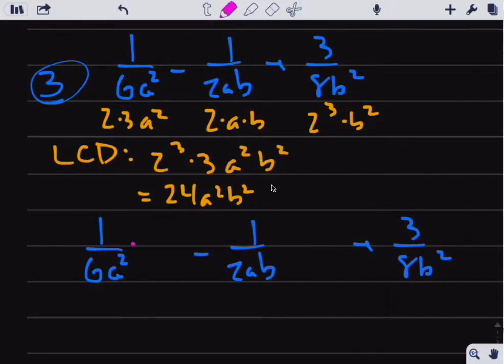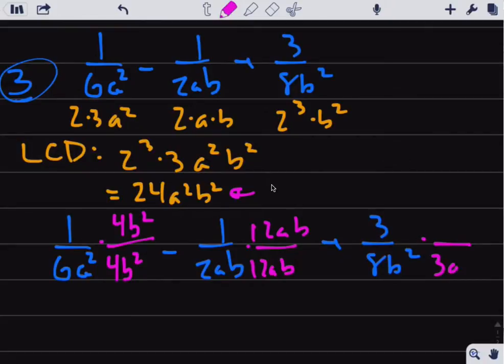To get the 6a squared to the LCD, I need to multiply by 4b squared. The 2ab, I need to multiply by 12ab. And this is all to get to this number right here. And then I do the same on the top. And then the 8b squared, to get the 24 to an 8, I need a 3 and an a squared. Okay, and I simplify each of those things.